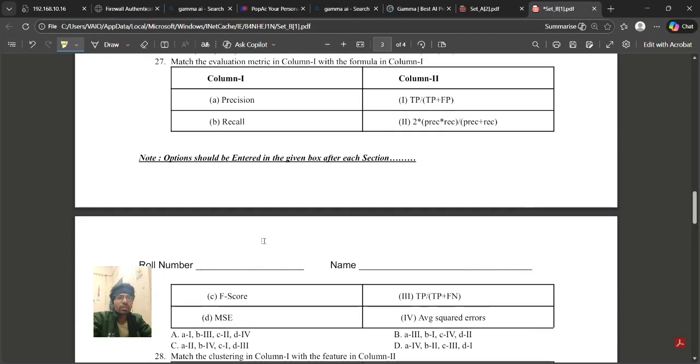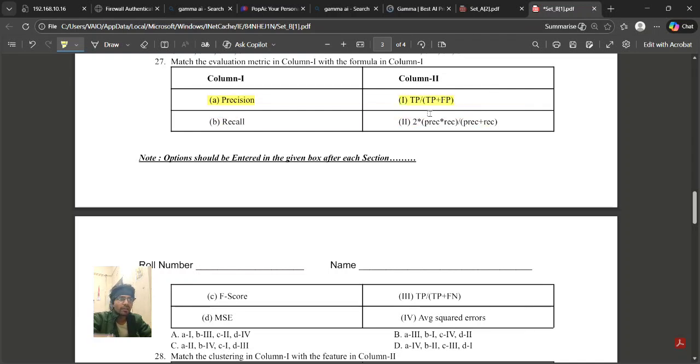Now go to question number 27. Question 27 is also a match. Precision is true positive divided by true positive plus false positive.